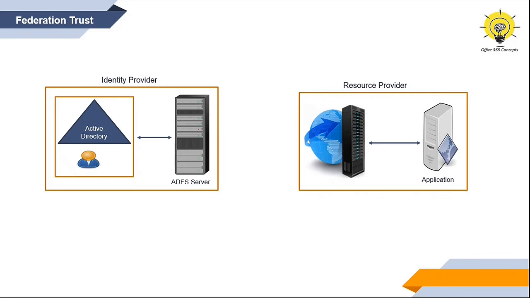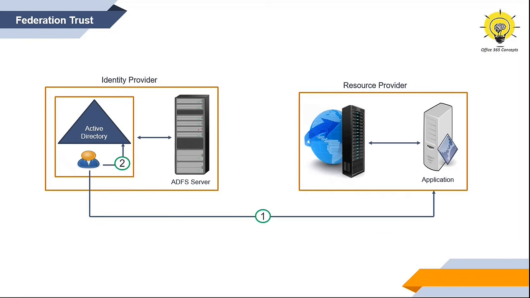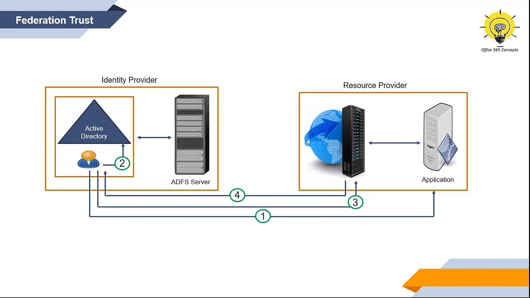In ADFS, when a user tries to access an application that is hosted in another organization, he is asked to prove his identity. The user will go to his identity provider. The identity provider will issue a token to the user. The user will provide that token to the resource provider. The resource provider will issue another token to the user.